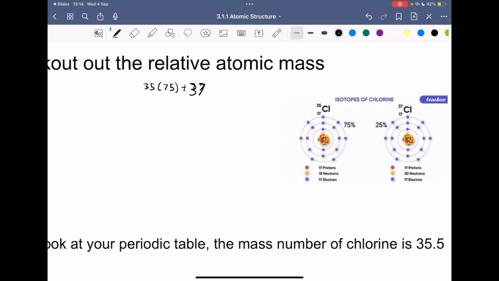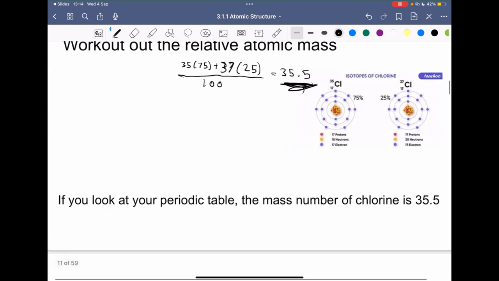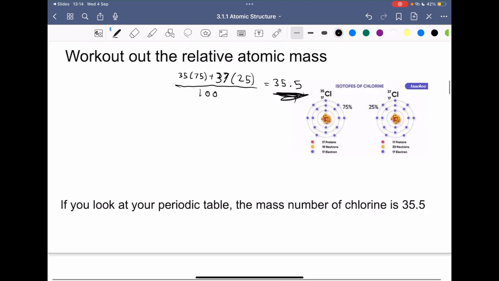The mass is 37, and then we times it by 25, and then we divide the whole thing by 100. And our answer is 35.5, and that's the average, that's the relative atomic mass. So if you look at your periodic table and look for the mass number of chlorine, you get 35.5, and that's how that was worked out.